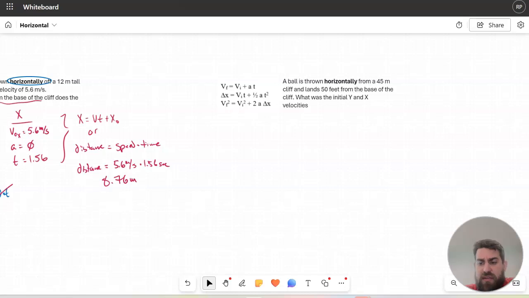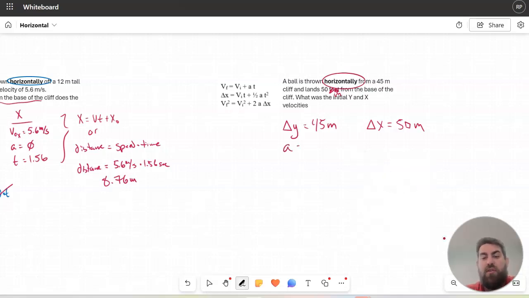Do you see how this one's the same thing? We just have different starting pieces, but you're still solving the same way. Start by finding the time the ball is in the air. So it's horizontally. So we know our change in y equals 45 meters. And we know our change in x equals 50 meters.